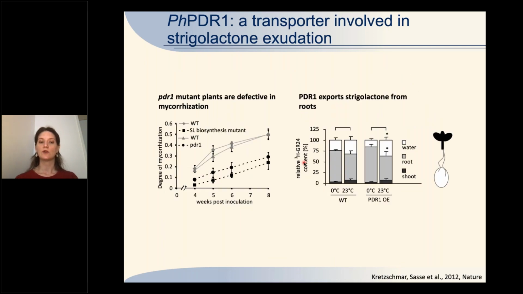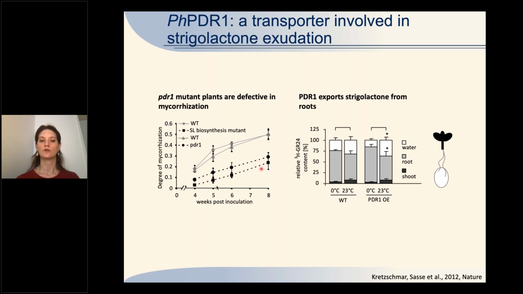And the importance of the transporter is shown in two experiments here. First of all, the degree of mycorrhization of plants that have or don't have the transporter. So here we're looking at wild-type lines, and here we're looking at the strigolactone biosynthesis mutant line, or the PDR1 mutant line, which is this transporter mutant line.